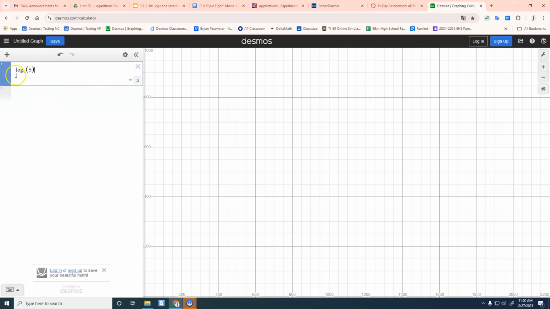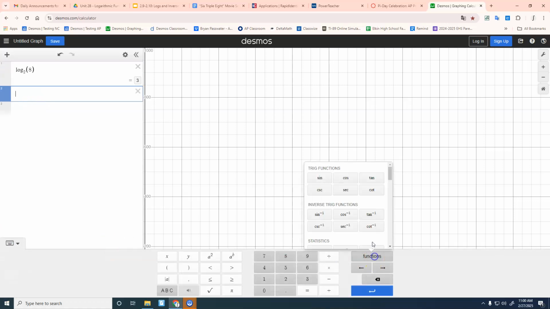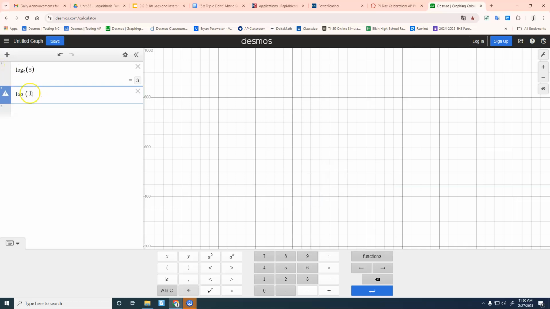So you could type it in like that, or there's a special button for it if you go over here under functions, somewhere. Right there. You want that log with a base of A. It's easier to do that underscore thing quicker, but that will work right there.